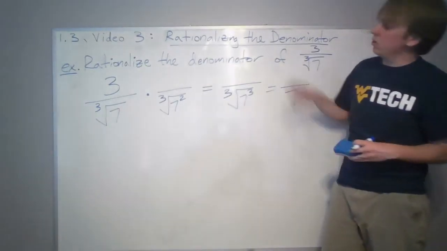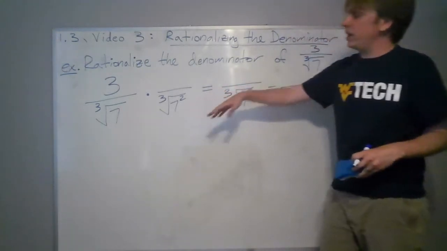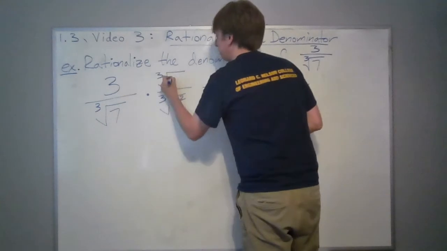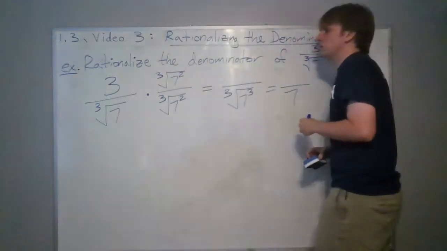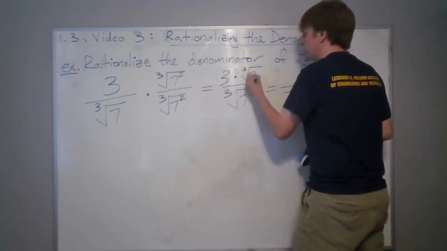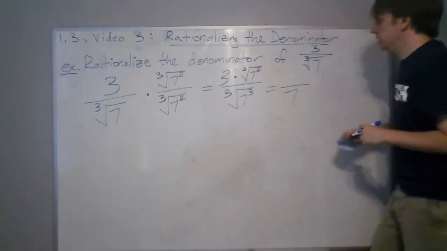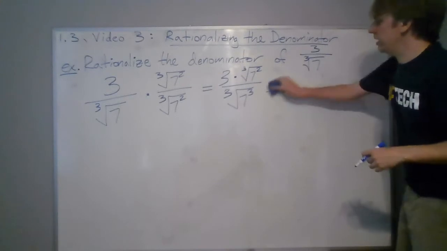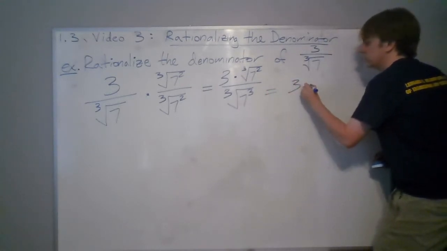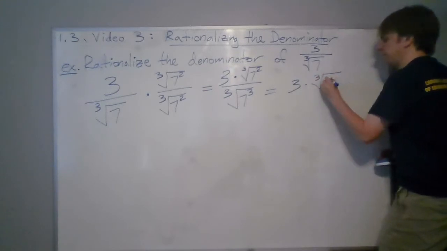Okay, so multiplying the denominator by that, I have to do the same thing, numerator and denominator. And so then the numerator would be 3 times the cube root of 7 squared. And then the only thing I can do that could simplify that, 7 squared, I'm just going to write as 49.